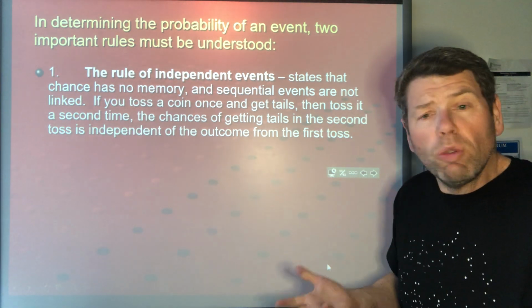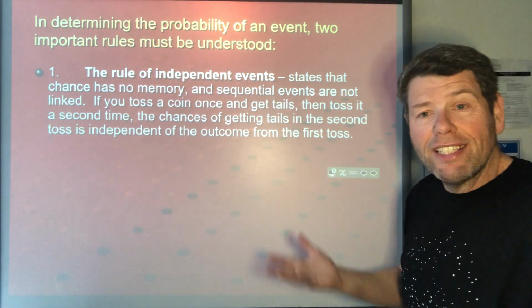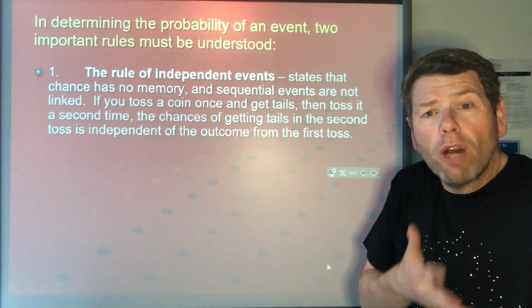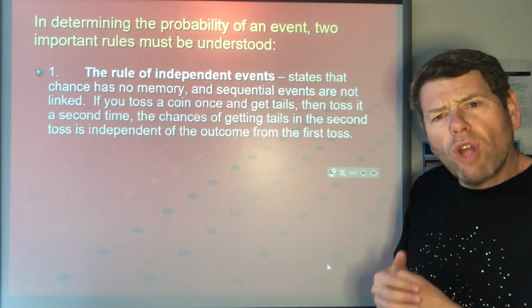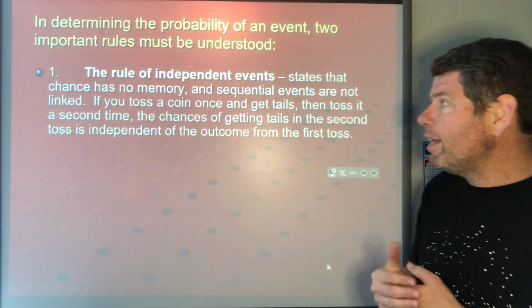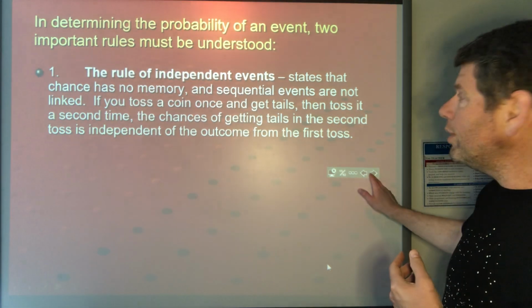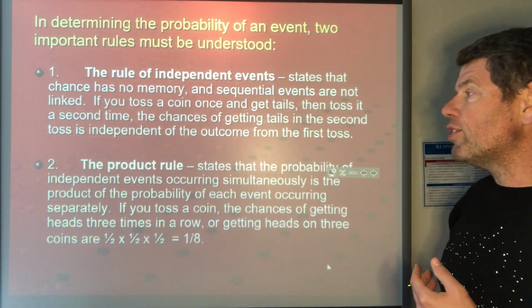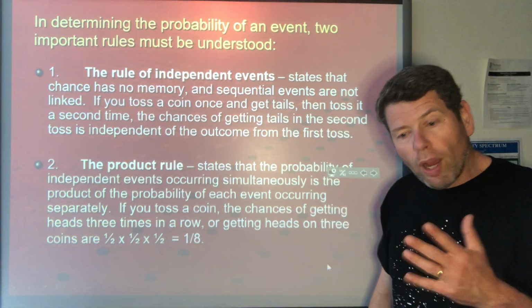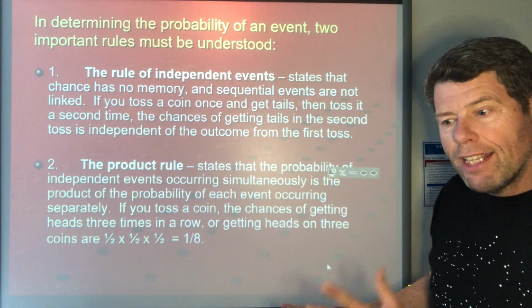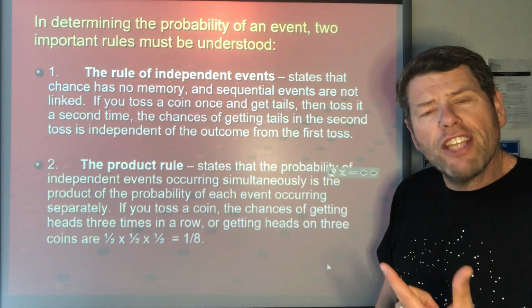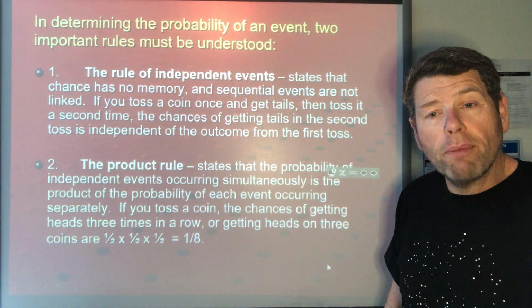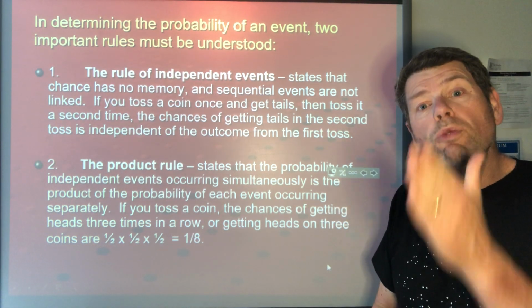Well, it's still 1 in 2, because the second flip has no bearing on what happened in the first flip. Okay, so that's the law of independent events, so that rule needs to hold. And secondly, there's the product rule. Now, the product rule, quickly stated, says that if you have 2 independent events and you want to know the probability of them occurring at the same time, you multiply.